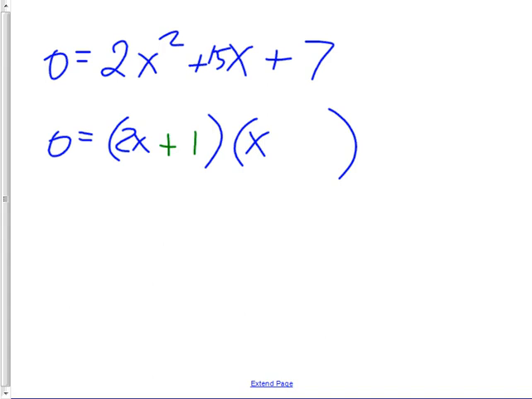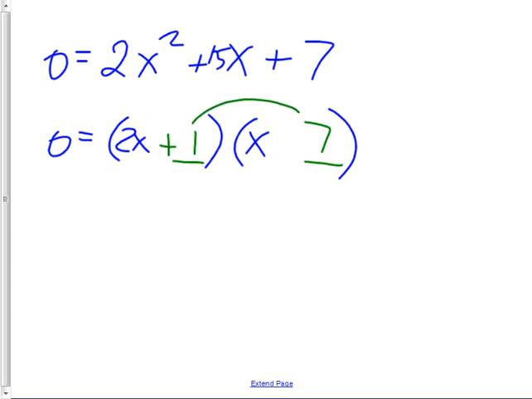You have to find something that multiplies to the plus 7 and something that adds. So you're saying these two numbers multiply to 7 and add to 15? Something that multiplies to 7. Well, there's only two things that multiply to 7, 1 and 7. But did you say that these are going to multiply to 15?